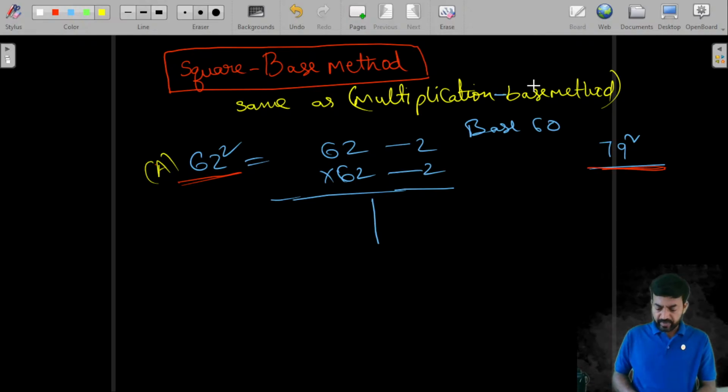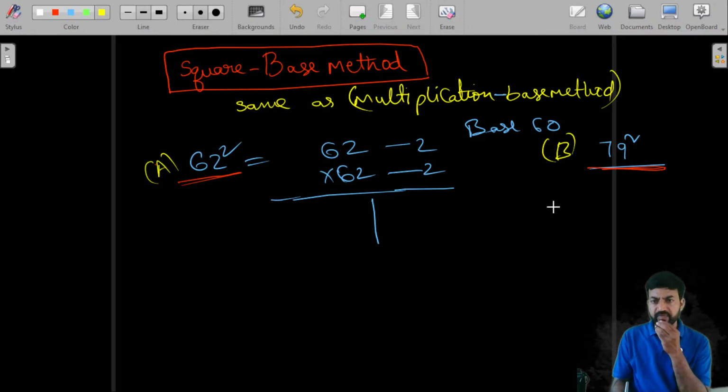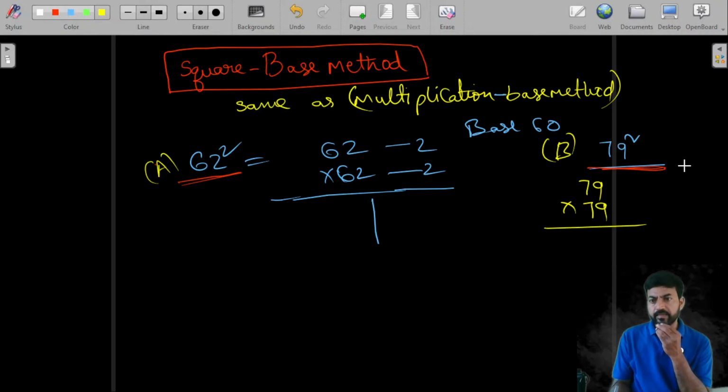A: 62 square, and B: 79 square. Complete both of them. So you have to take base 80 here. The difference from base is 1 less than base, and here also 1 less than base.